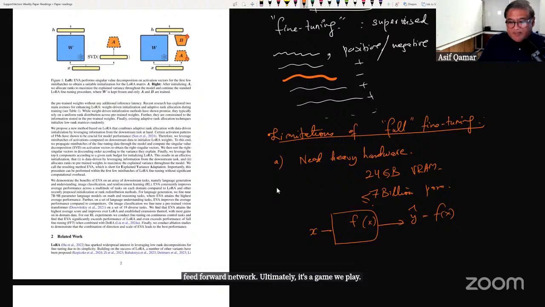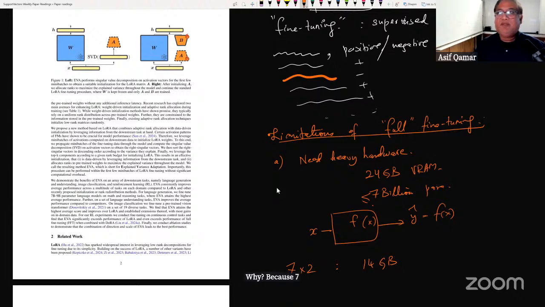Now, one basic rule is that the total memory utilization would be in the order of, let's say, 14 billion. So we need 14 GB. Why? Because 7 cross 2 is 14 GB. Add 20% overhead, which is approximately 16 GB.